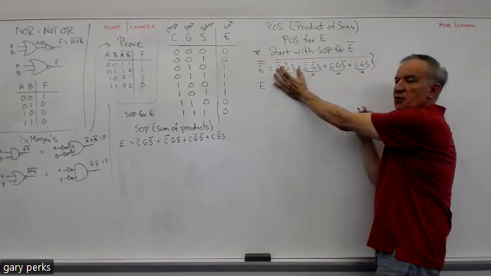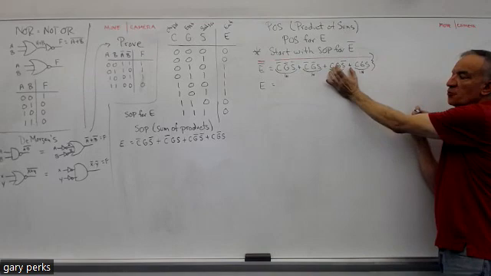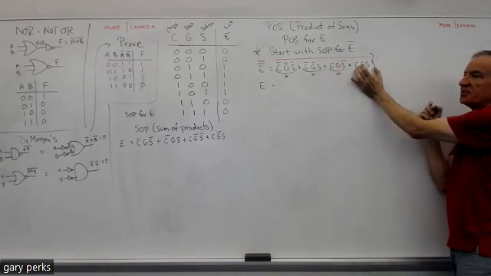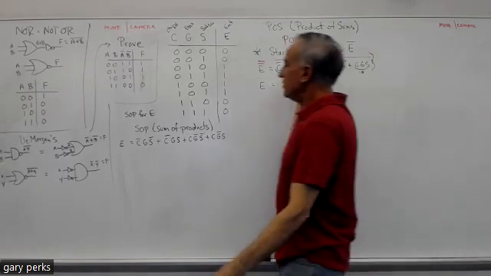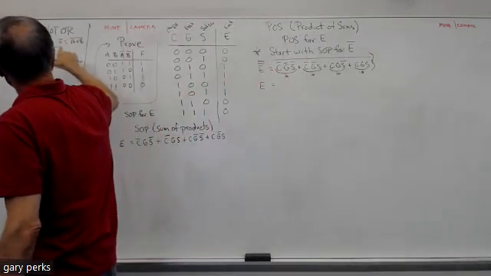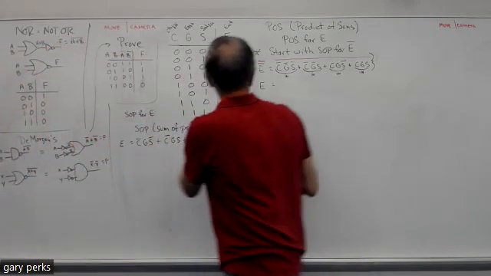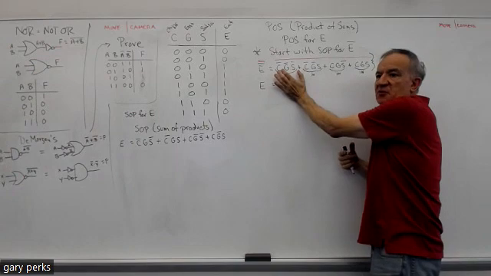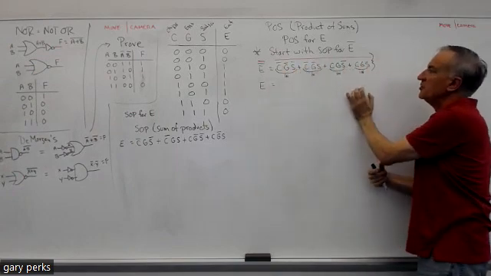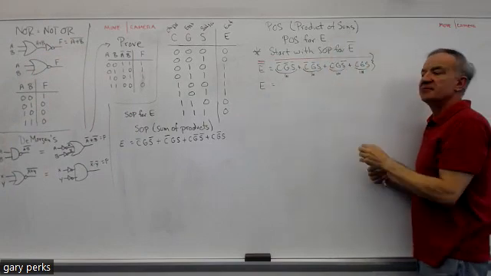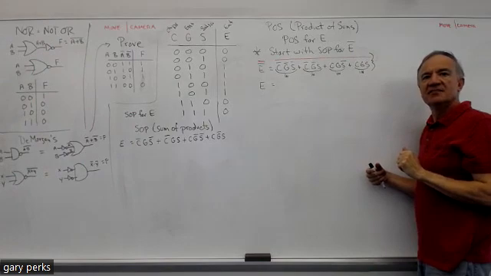Because this input is being ORed with this input, which is being ORed with this input, which is being ORed with this input, and then it's all inverted. The only difference between this equation and what we wrote over here is that here we just had single variable inputs. Here we have expressions, like multiple variables. But if you consider each to be an input, this is just showing a NOR gate. A 4-input NOR gate. You see that?